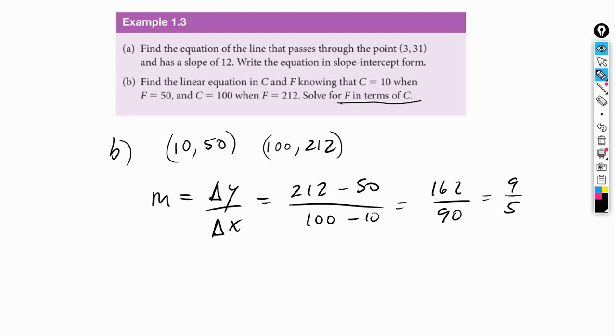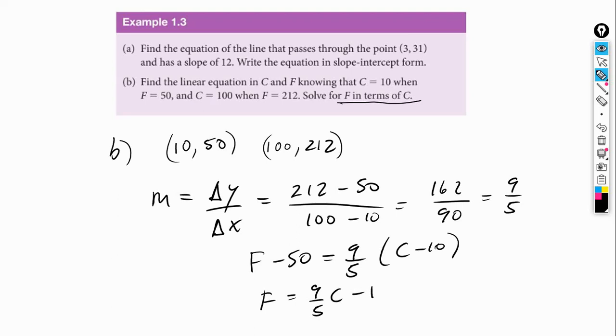So we're going to do, let's use the easier point, which is 10 and 50. So we can say f minus 50 is equal to 9/5, the slope, times c minus 10. And we're going to rearrange this, and we're going to get that f is equal to 9/5 c minus 18 plus 50.